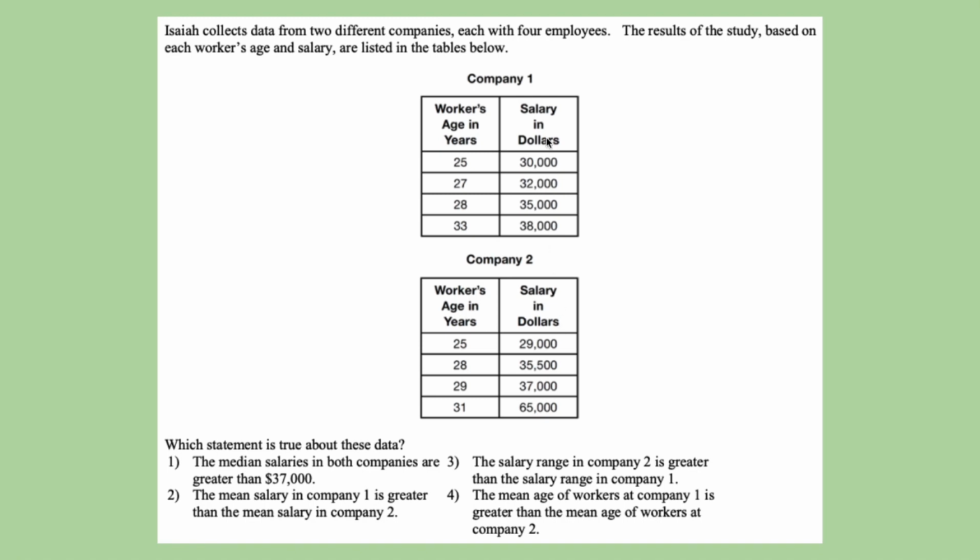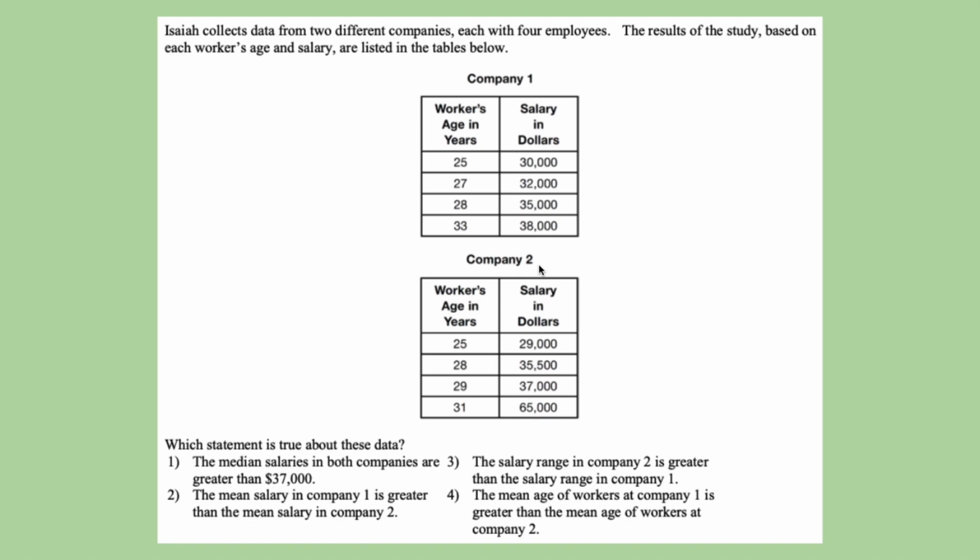For the mean, you just have to add these all up and then divide it by 4 for each company. The range, just get the largest number and subtract it by the smallest. And then for the last choice, they're just asking you to compare the mean of both.